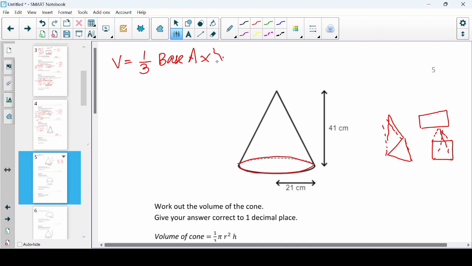So the base area of this circle, it's a circle, so this is radius, so it's pi r square. 1 over 3 times pi r square times height, and that is 1 over 3 times pi times 21 square, and times height is 41.